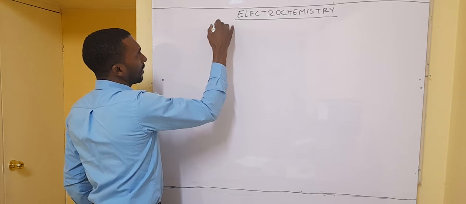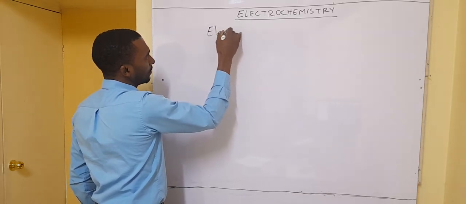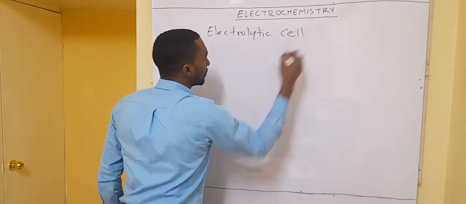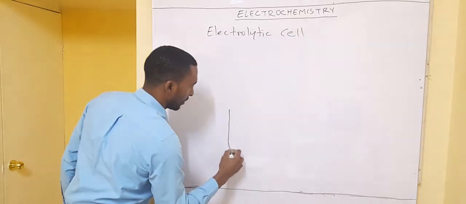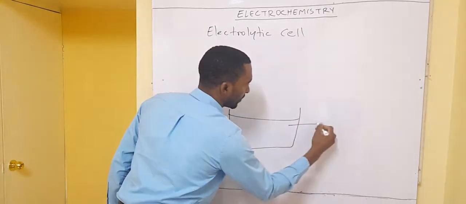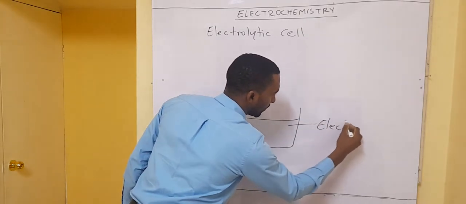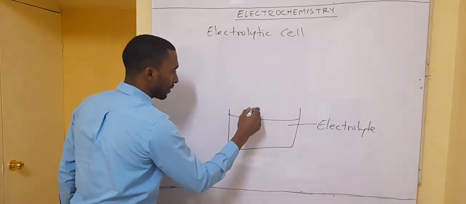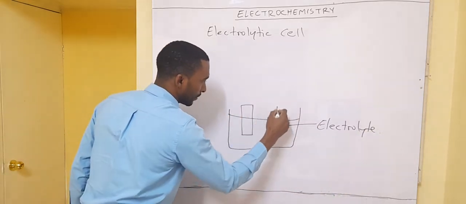So, an example of an electrolytic cell. Normally we have the beaker with the electrolyte. This is the electrolyte. Then we're going to put two electrodes.